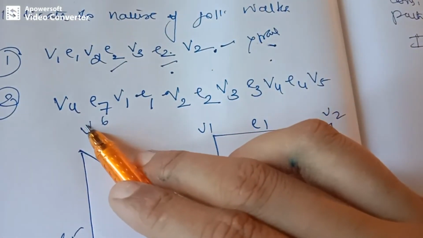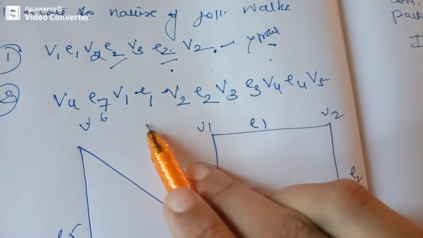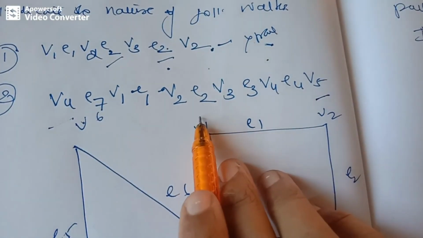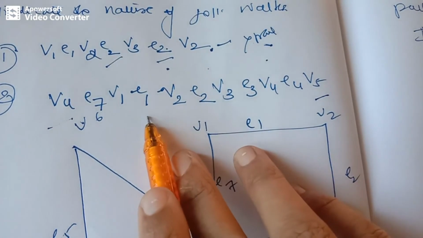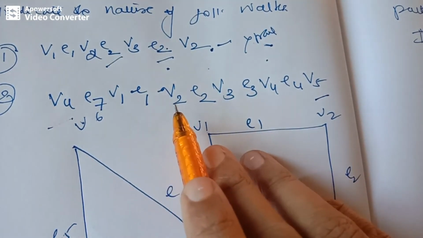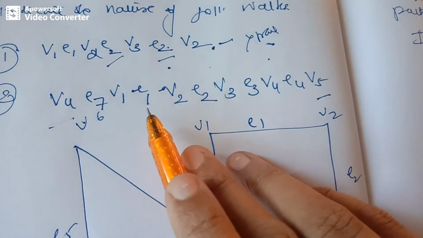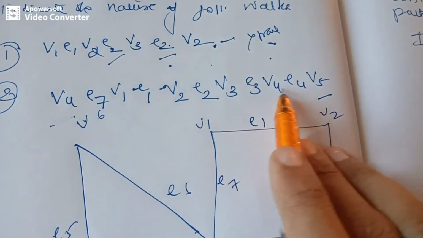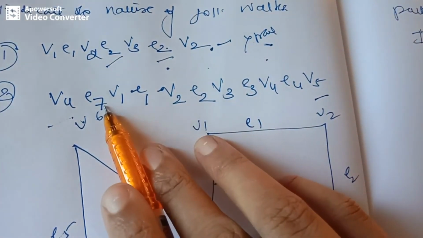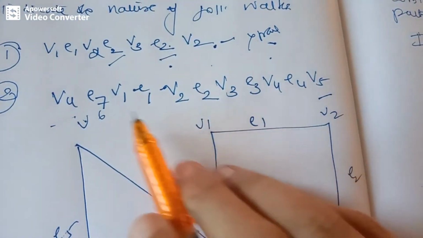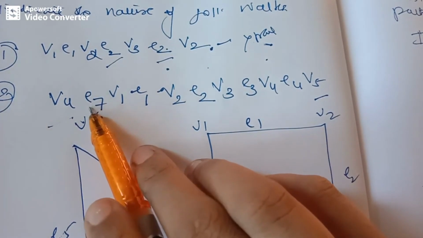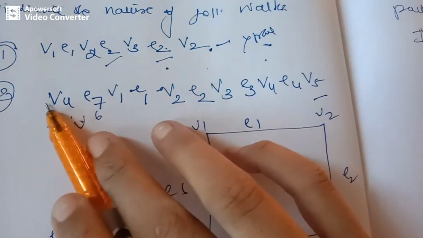So coming to the next sequence, V4, E7, V1. You can observe the nature of these vertices. Here no edge is repeated more than once, so it is a trail. The major property of a trail is satisfied, plus it is an open walk.